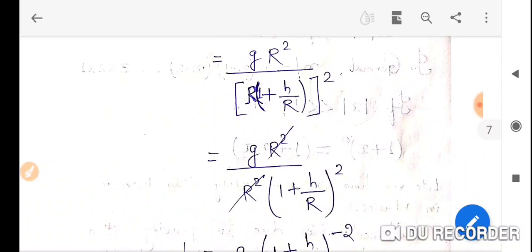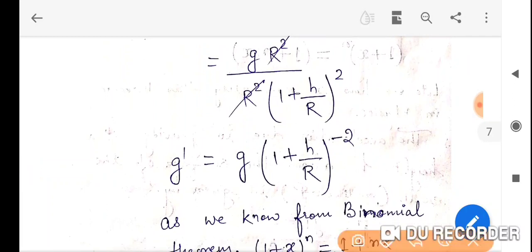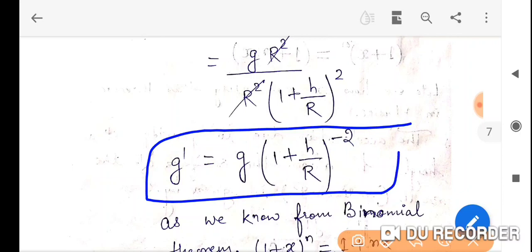The term R square in the numerator and denominator will be cancelled out, and we will get g dash equals to g into (1 plus h by R) whole to the power minus 2. You will take the denominator term to the numerator side, the power will take its negative form, and the expression will come out to be g dash equals to g under bracket (1 plus h by R) to the power minus 2.